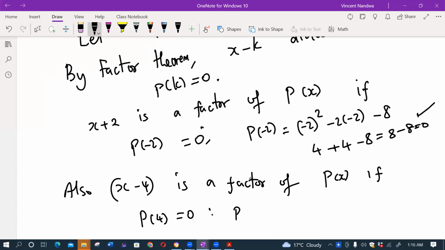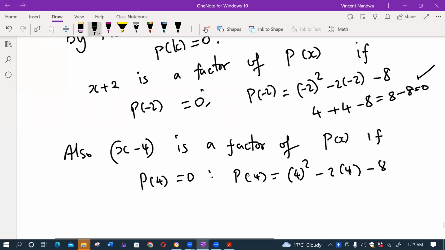Now, p of 4 will be 4 squared minus 2 times 4 minus 8. So we have 16 minus 8 minus 8 is 8 minus 8, which is 0.